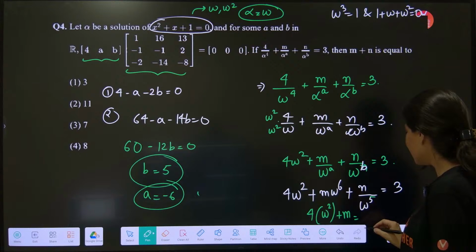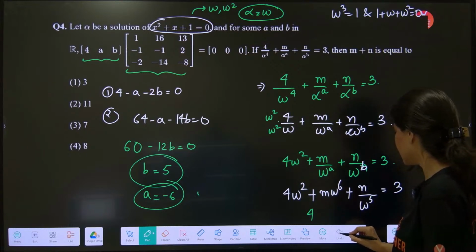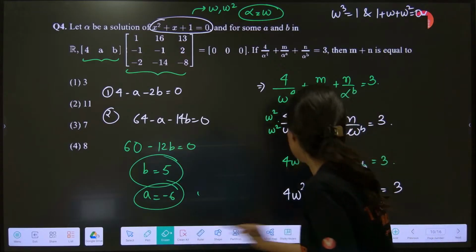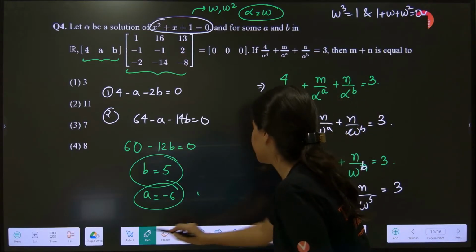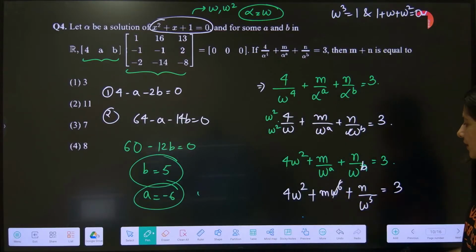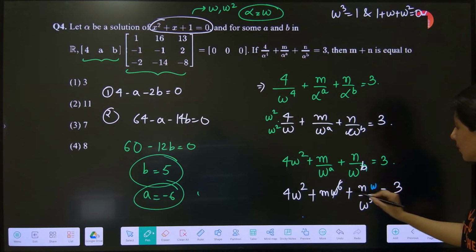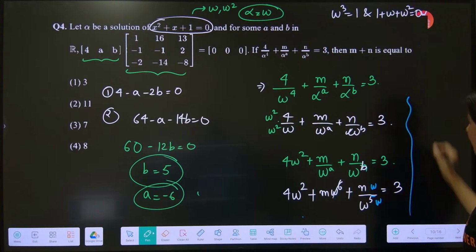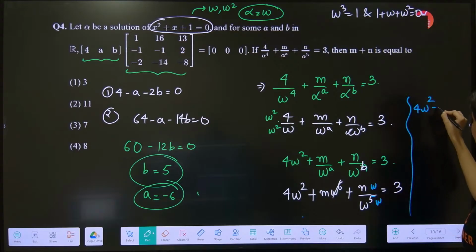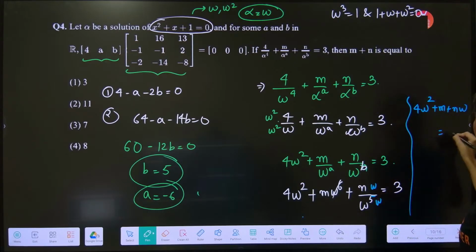Omega power 5. This is 1 only, right? And omega power 5, if you multiply omega and omega, so this is again 1. So this is 4 omega square plus m plus n omega, n omega is equal to 3.